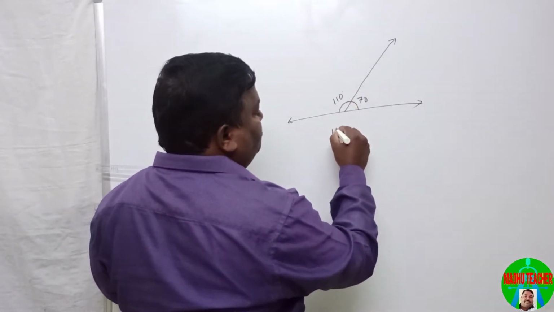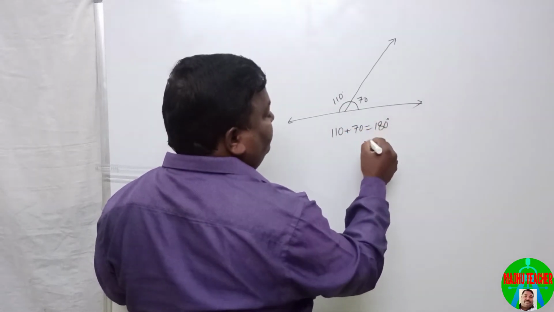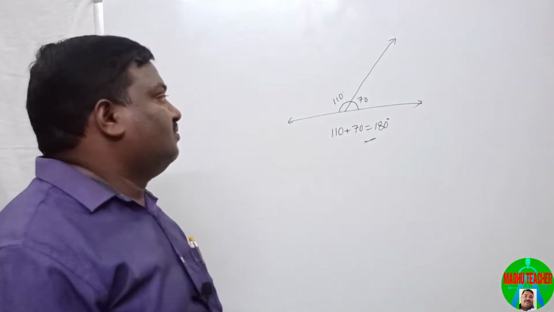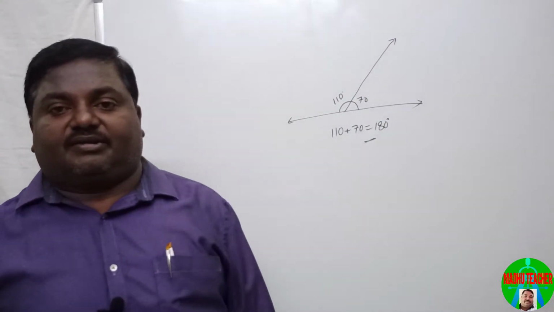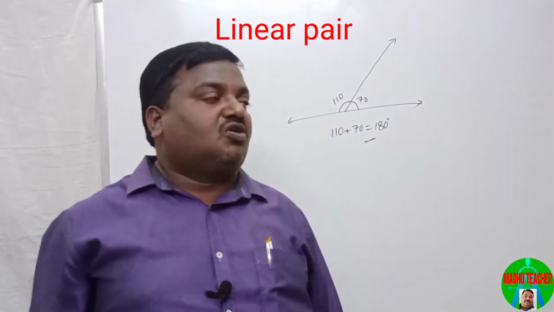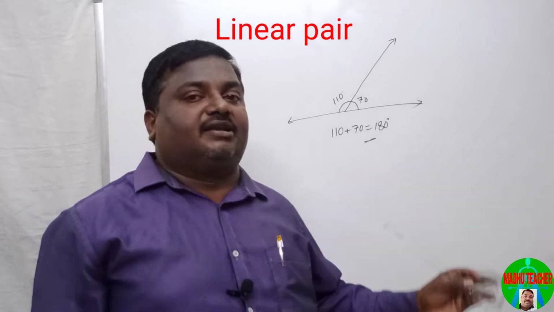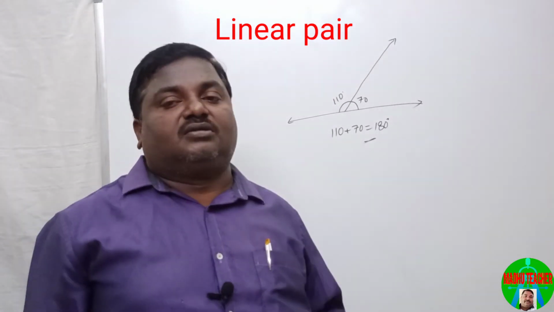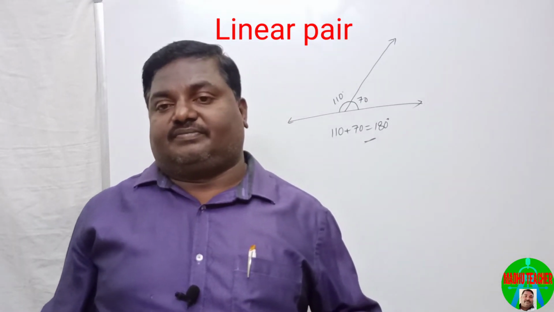What is the sum of these two angles? 110 plus 70 equals 180 degrees. Then we say that these two angles are a linear pair. These two angles are called a linear pair because these two angles are on a line.